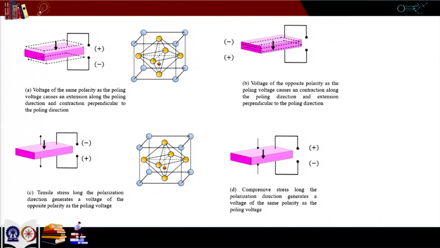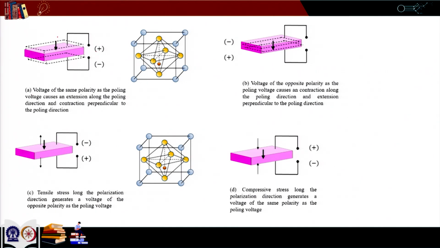Now, suppose we have a piezoelectric sheet which is poled along the thickness direction, and then we apply the voltage in such a way that the actuation electric field matches the electric field that was used for poling.